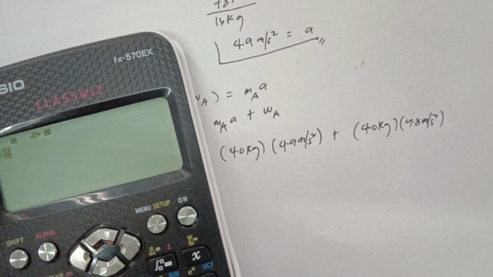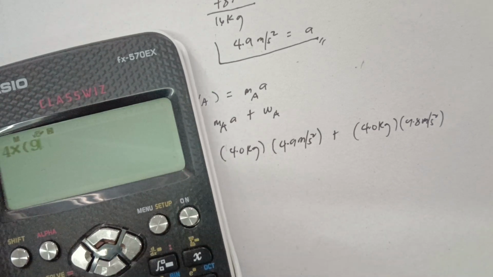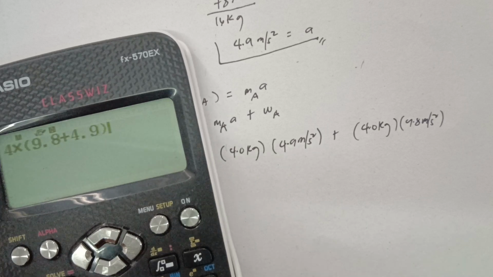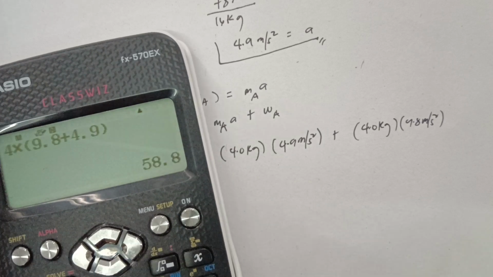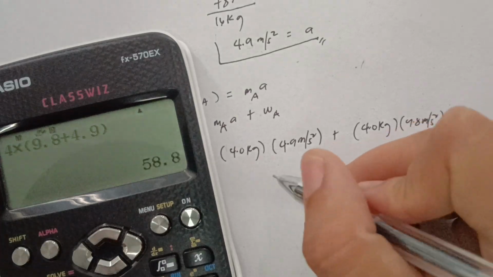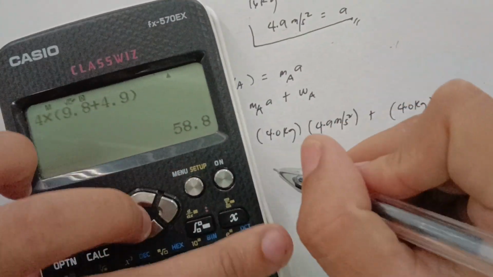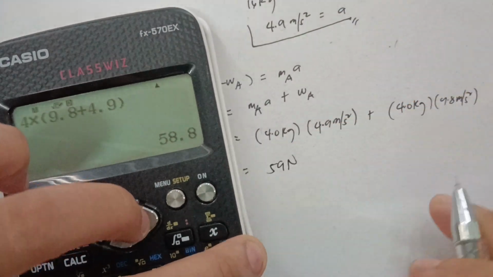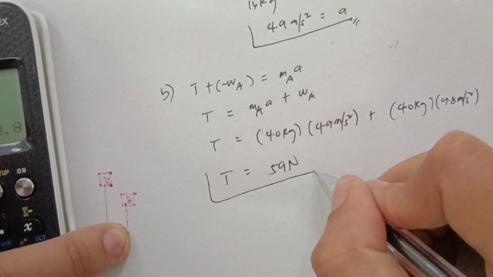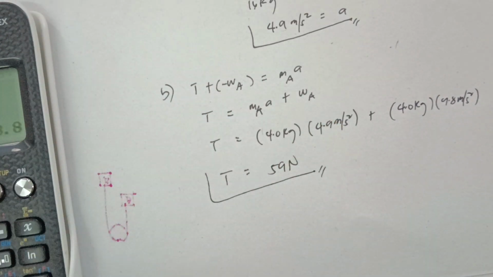So, we have 4 times, diretso ko na yan guys, 9.8 plus 4.9 is equal to 58.8. So, the tension is 59 Newton. So, the answer is 59 Newton. So, that's the answer for number 3.